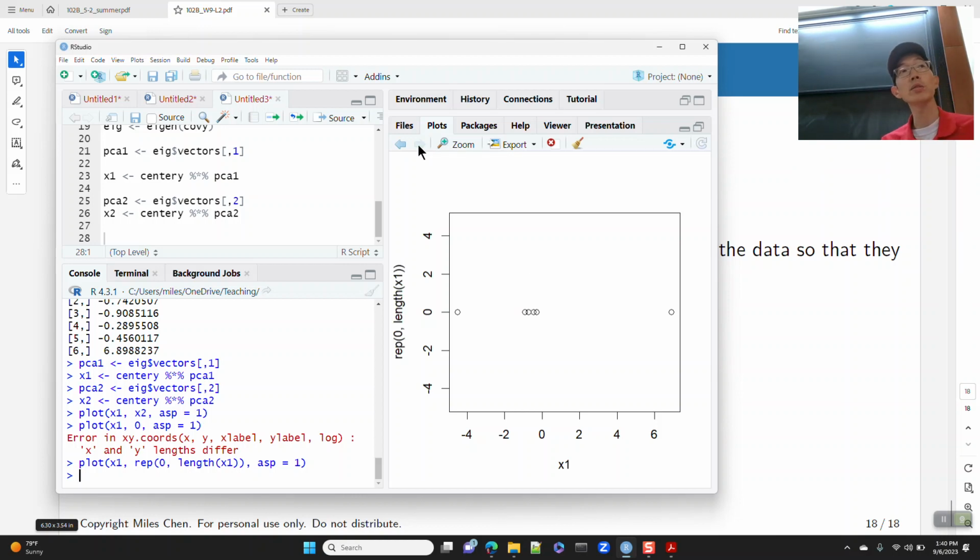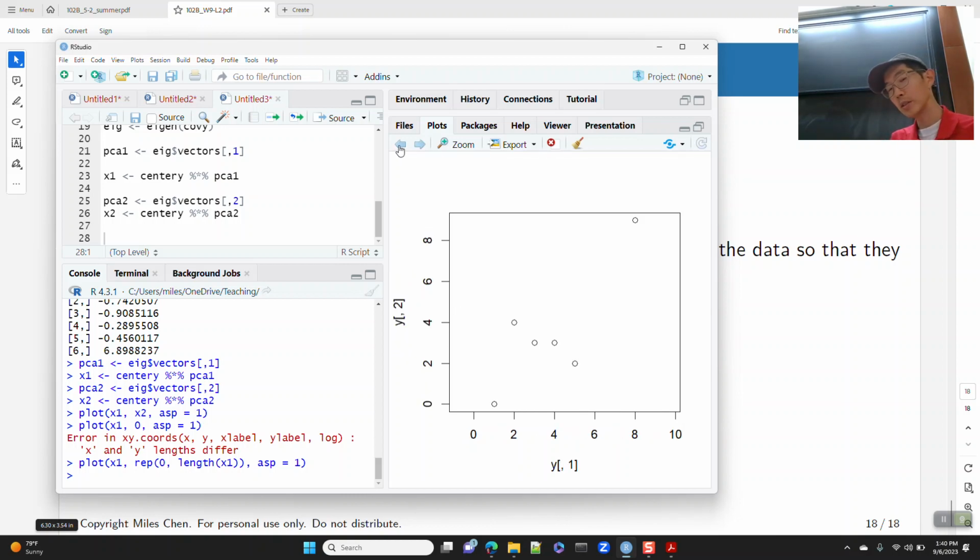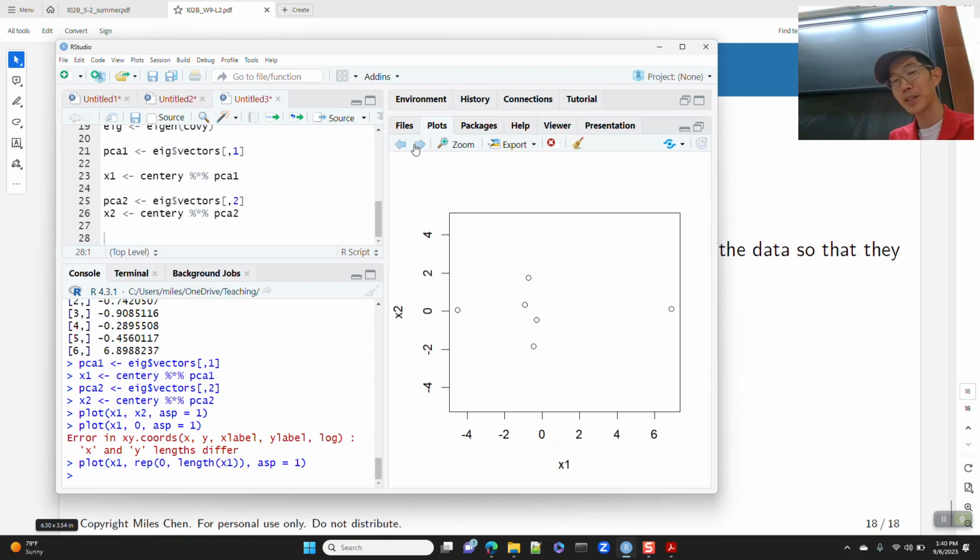Okay, so we lose a lot of information, right? But overall, we're not losing too much. Okay, so if you did reduce the data, you could also transform it back. And the transformed data will have lost information.